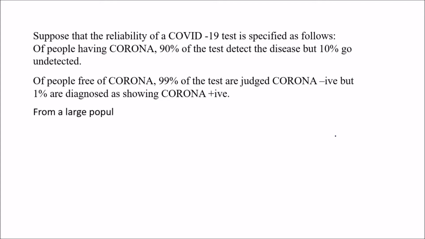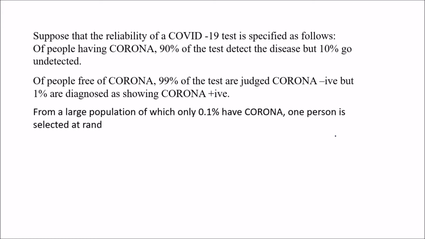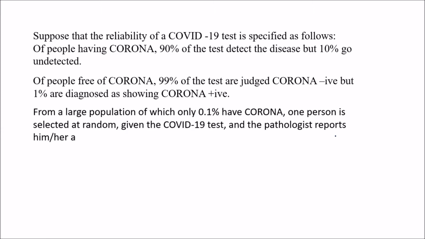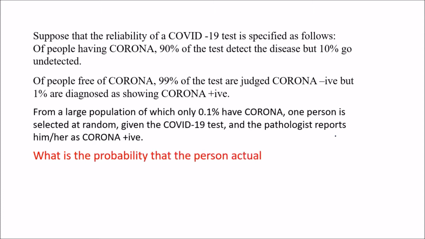From a large population of which only 0.1% have corona, one person is selected at random, given a COVID test, and the pathologist reports him or her as corona positive. What is the probability that the person actually has coronavirus?